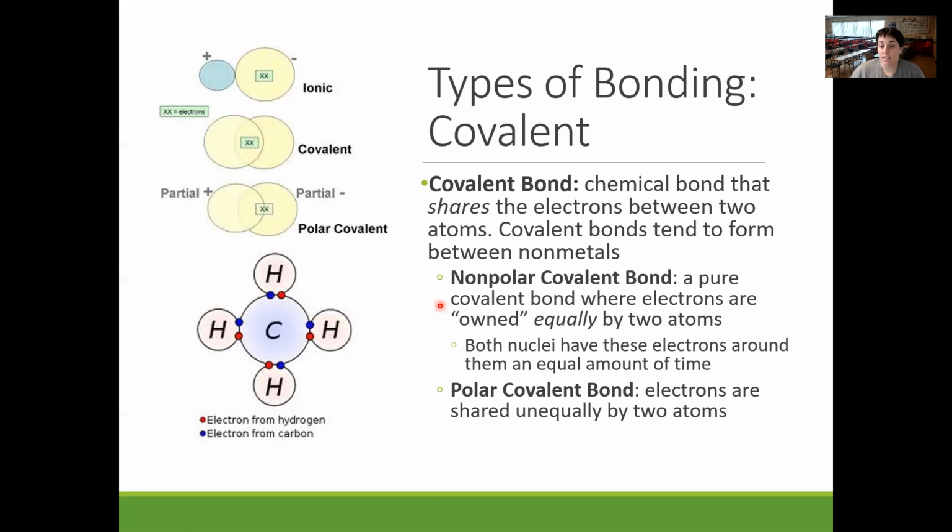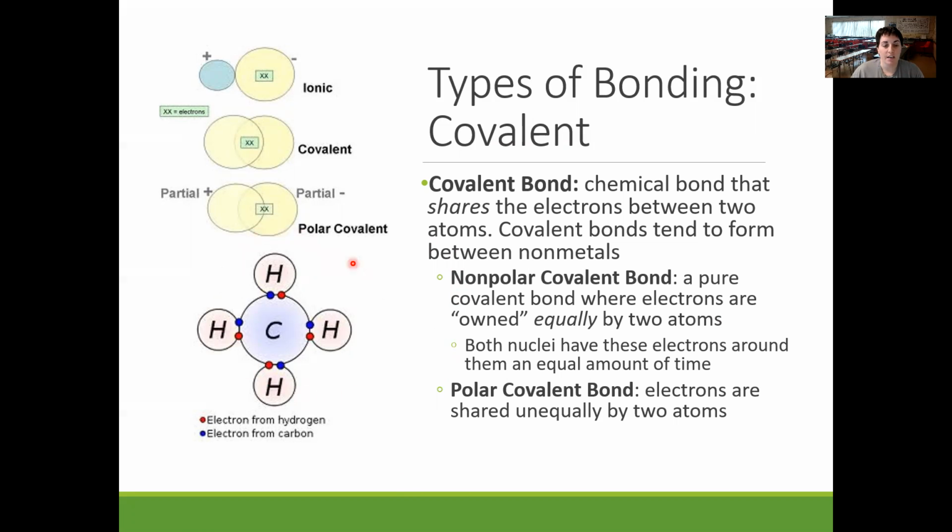In non-polar covalent bonds, the electrons are owned equally between the 2 atoms. They are shared equally. In polar covalent bonds, one of the atoms is pulling harder. One of the atoms has a higher electronegativity. But in both cases, polar and nonpolar, those electrons are being shared.